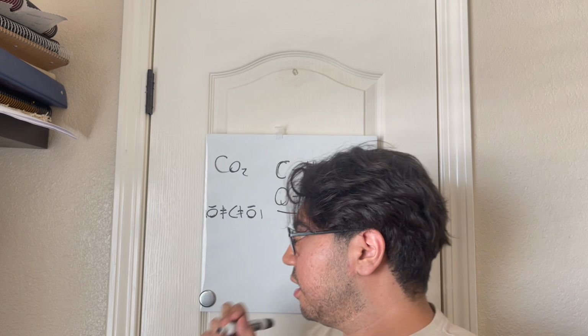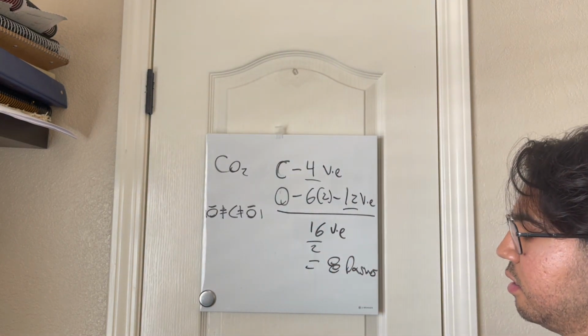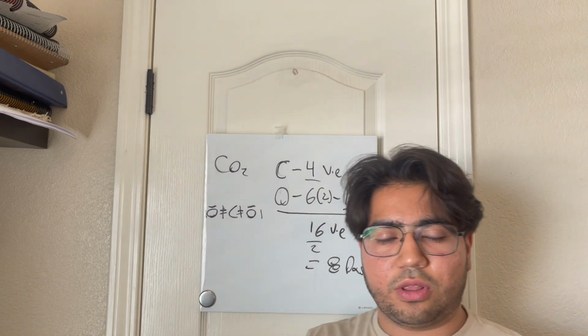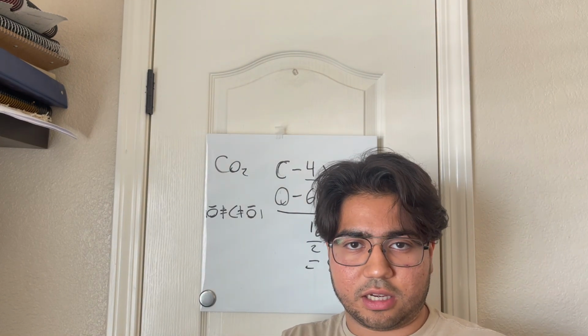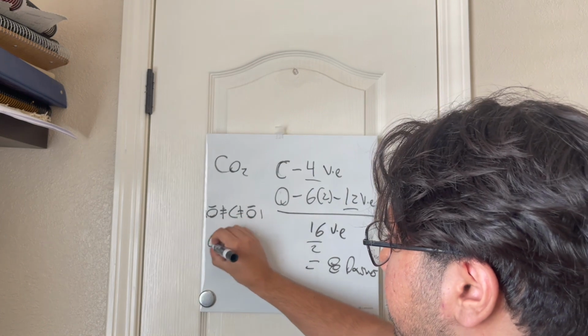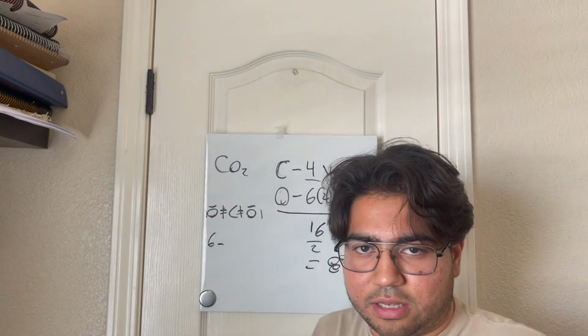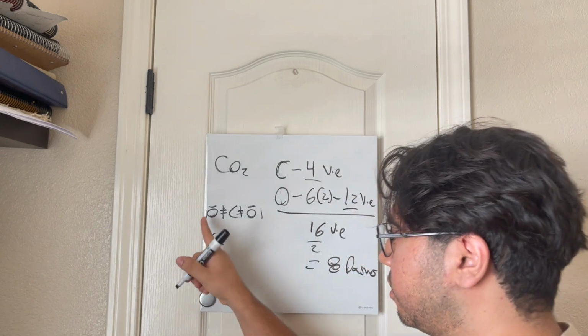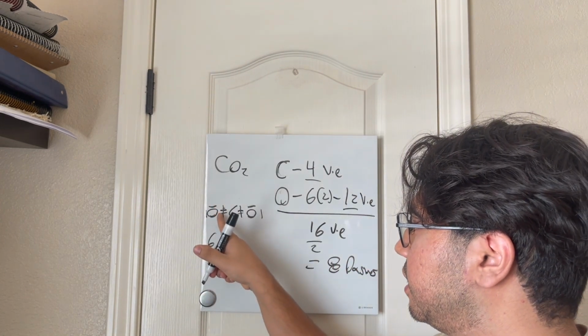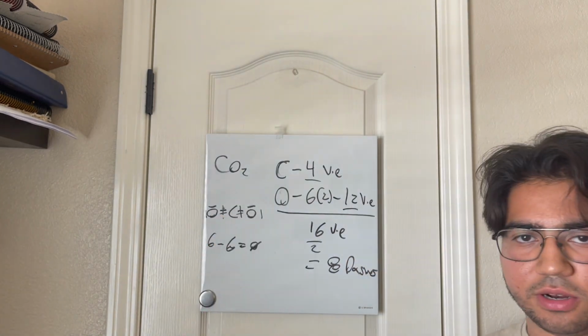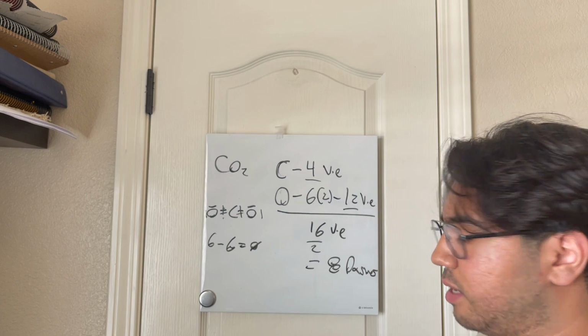Okay? So let's check oxygen. Oxygen, we know that it wants 6 valence electrons via the periodic table. So it's 6 minus, so now let's count how many electrons it has, right? It has 1, 2, 3, 4, 5, 6. Remember that these count as 1 now because we cut them up. So 0, right? That's fine.